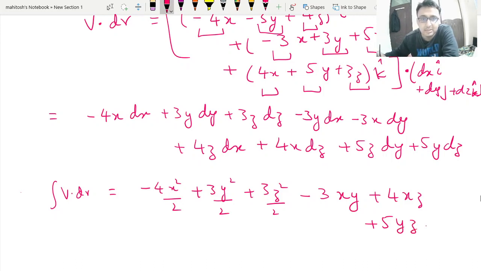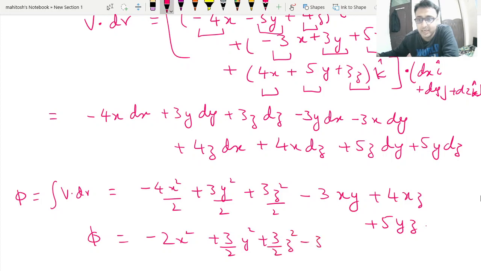Okay, so this is nothing but your phi. So phi is minus 2x square plus 3 by 2 y square plus 3 by 2 z square minus 3xy plus 4xz plus 5yz.